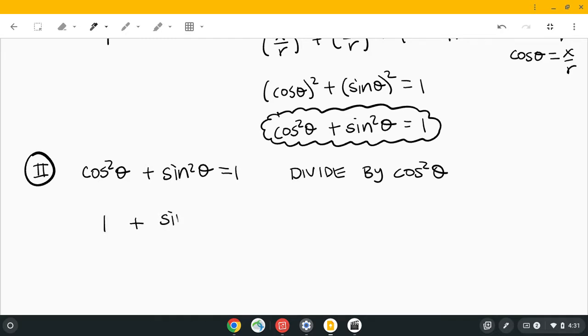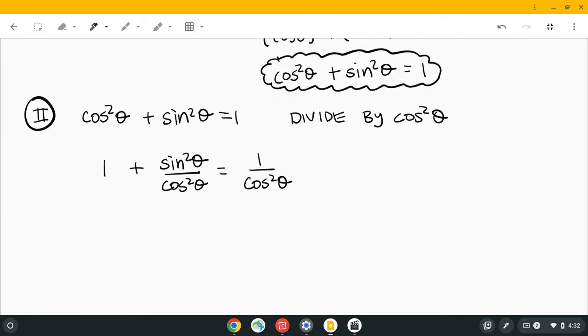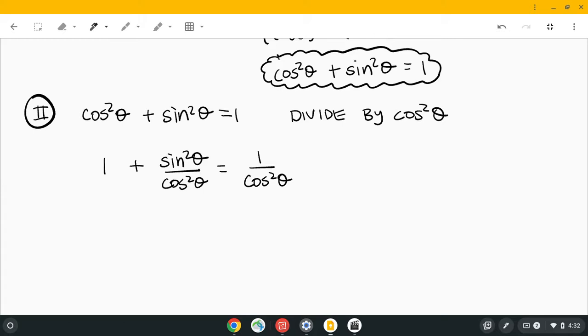And then I'm going to get sine squared divided by cosine squared, and 1 divided by cosine squared. And here we know sine over cosine is one of those ratio identities from the first part of the video. Sine over cosine is tangent.